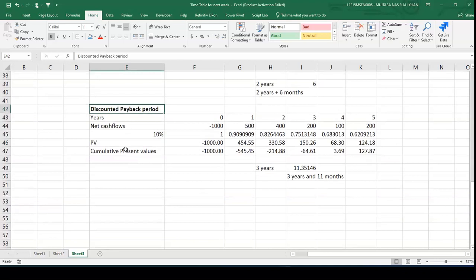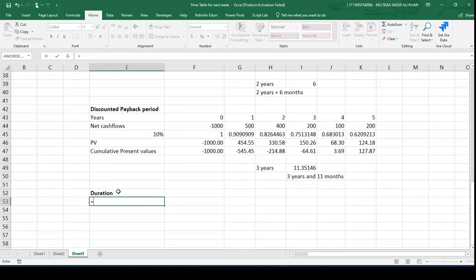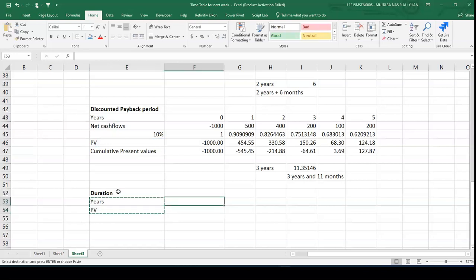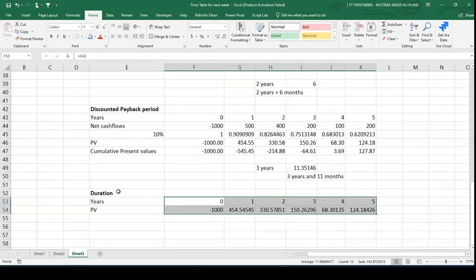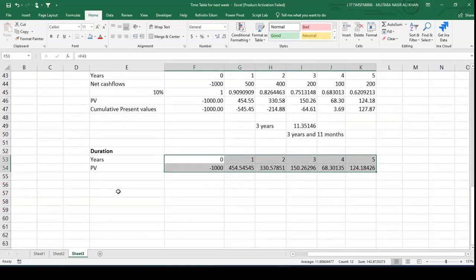Okay, how to calculate duration? Project duration. For project duration, you need years and present value. So let me copy first the years and copy the present value. Okay, there are two ways to solve this.